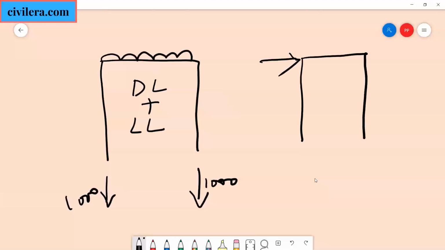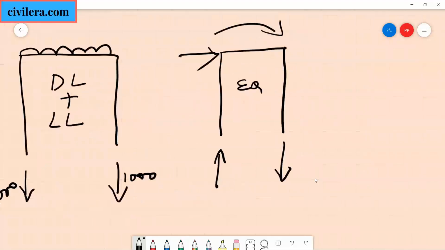So I'll consider this to be an earthquake load in that direction. So you are likely to get an uplift here and a downward force here because it's a couple in this direction. So when you have something pushing, you can assume a desk or a bench, you are pushing it. What happens? Along the width, if you are pushing that, one side will lift up and the other side will be compressed. So that's what's happening in this particular case. You have an uplift here and you have a downward compression or a downward reaction on this particular side.